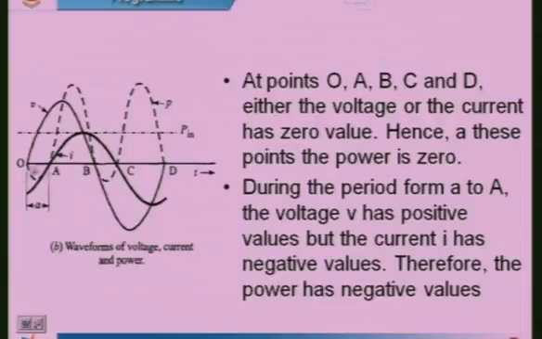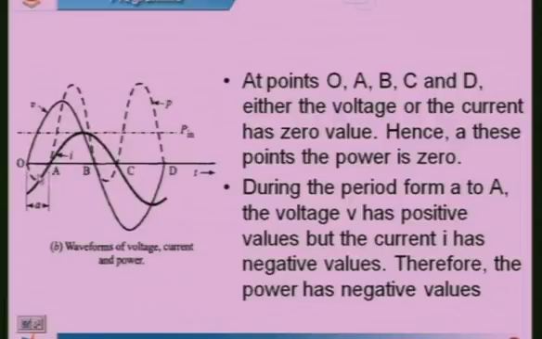Now if I move along the time axis, you can see here at O the voltage is 0, but the current has a certain value. Because the voltage is 0, the product becomes 0. And even at A, I have a positive value for the voltage, but the current is 0, therefore the product is 0. So from O to A, the voltage is increasing, the current is decreasing, therefore the product increases and then starts decreasing.